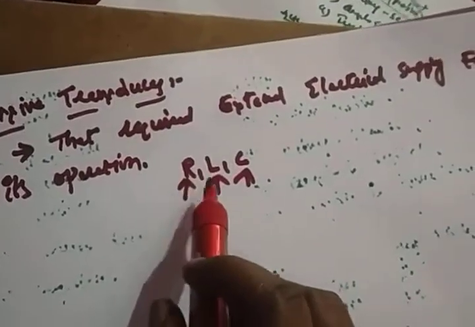The physical components are resistive, inductive, capacitive. That is the basic definition of a passive transducer: a transducer which can convert the non-electrical quantity into electrical quantity by changing the physical parameters of a system.